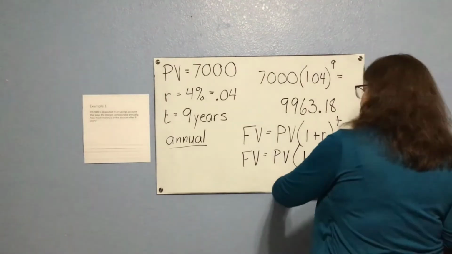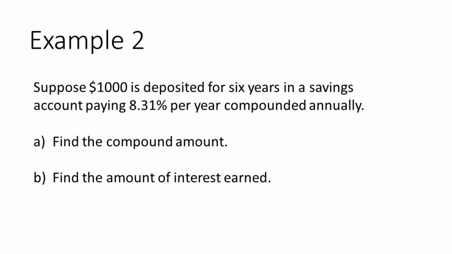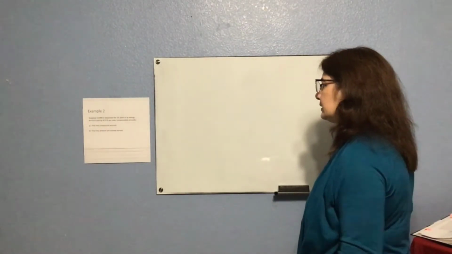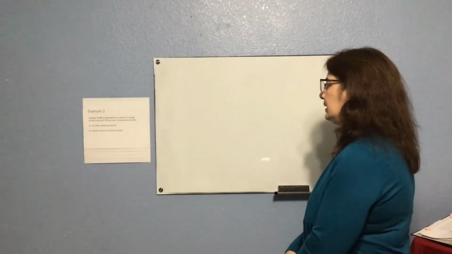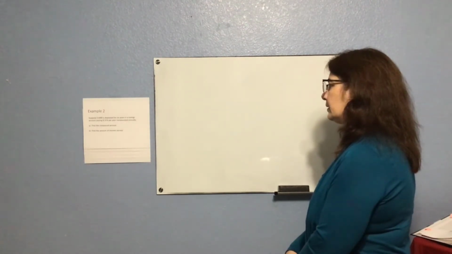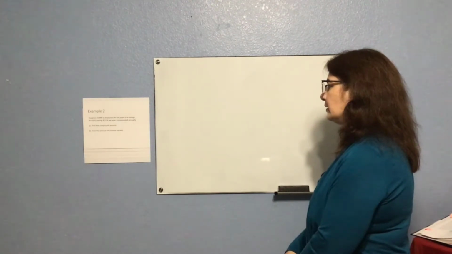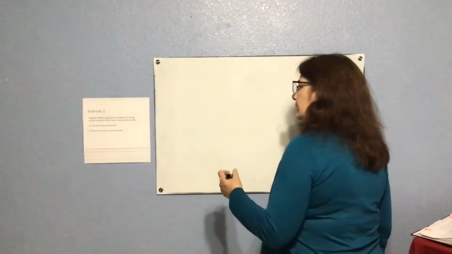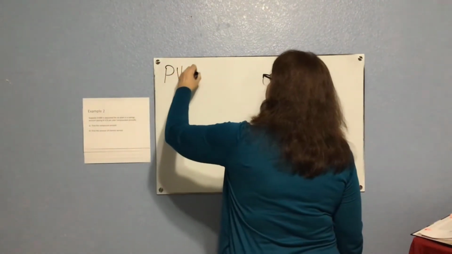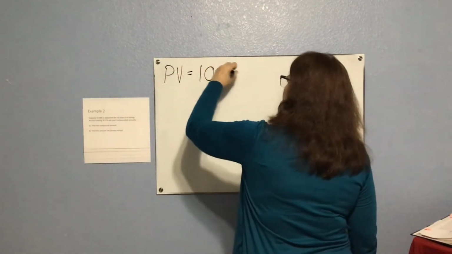Let's look at another example. Suppose $1,000 is deposited for 6 years in a savings account paying 8.31% per year, compounded annually. So let's write down our pertinent information. Our present value is $1,000.